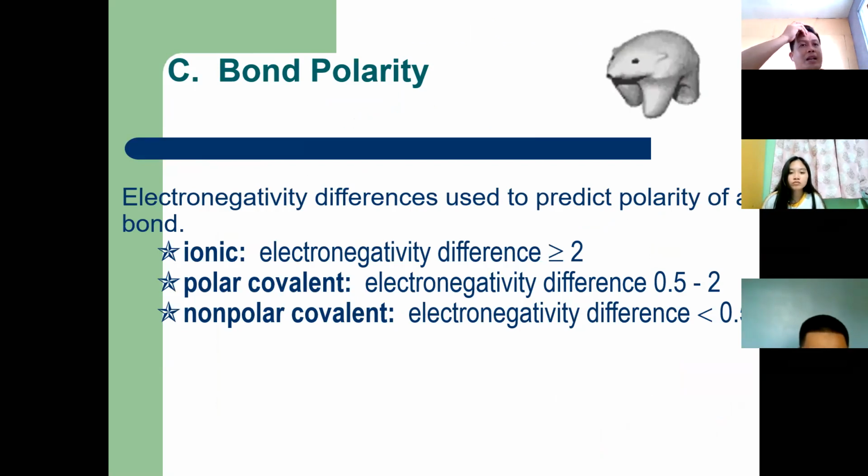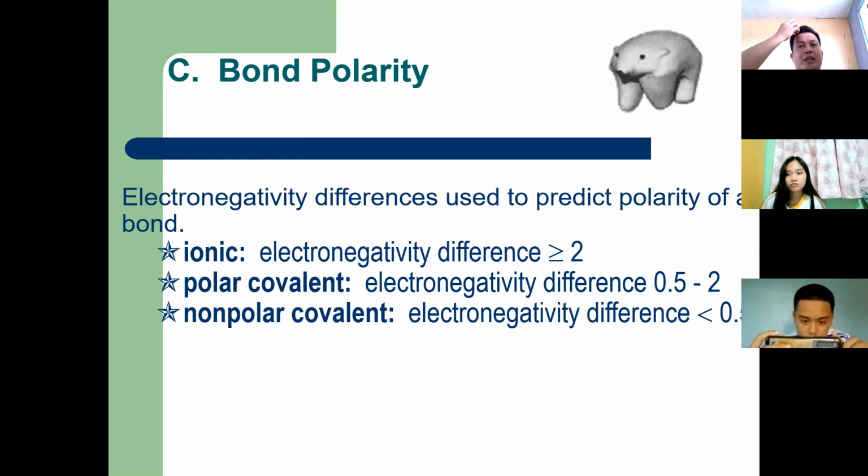For polar covalent, the electronegativity difference ranges from 0.5, not 0.25 pala, class, it's 0.5 to 2.0. But for non-polar, it's less than 0.5. Please change the info because I mentioned a while ago 0.25. It's not 0.25, but it's 0.5. So within the range of 0.5 to 2, that is polar covalent.